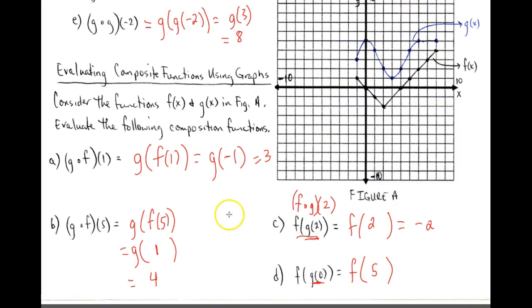And of course, f of 5, from what we saw over here, we know that that's just going to be 1. Okay. And of course, if we look here, 1, 2, 3, 4, 5, this is the point (5, 1) on its graph.